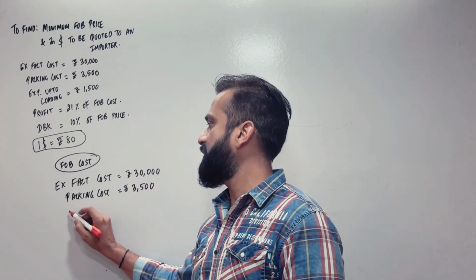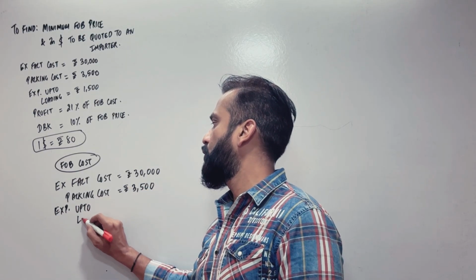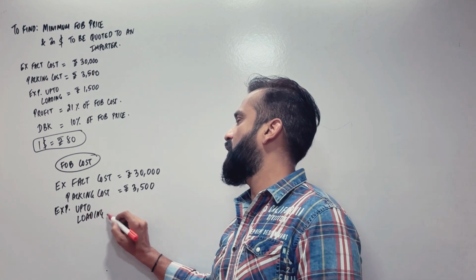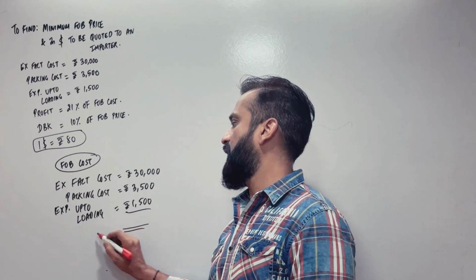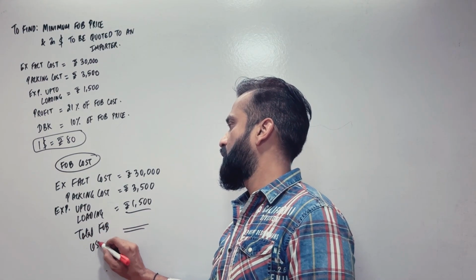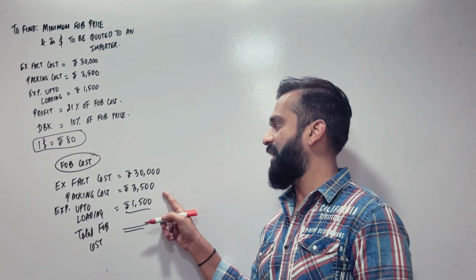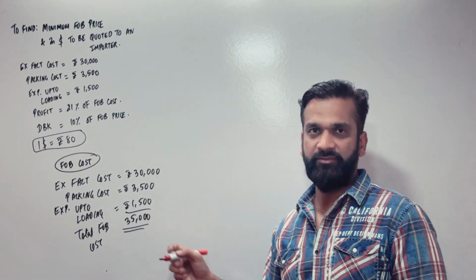Then I will add the expenses up to loading, that is equal to rupees 1,500. So the total FOB cost will become 35,000. Is this clear? The FOB cost is 35,000.